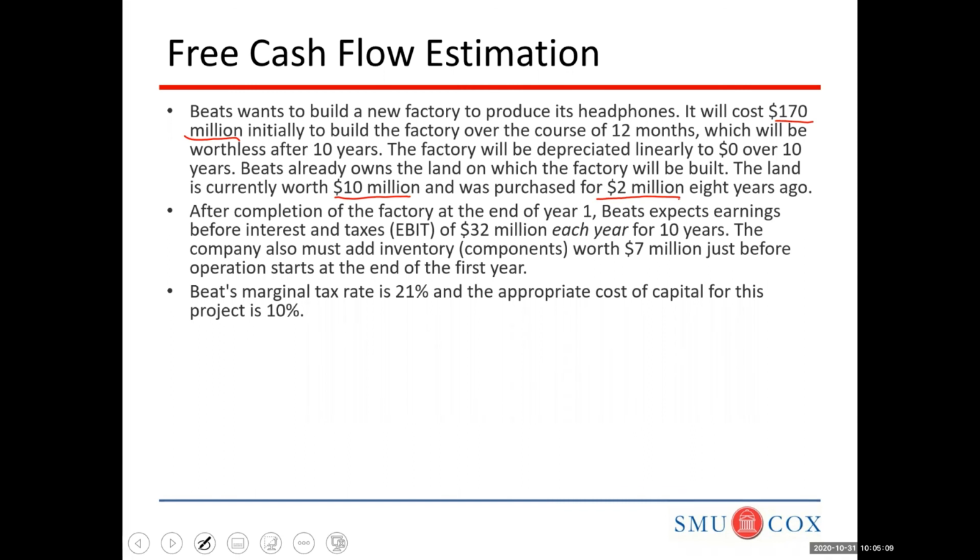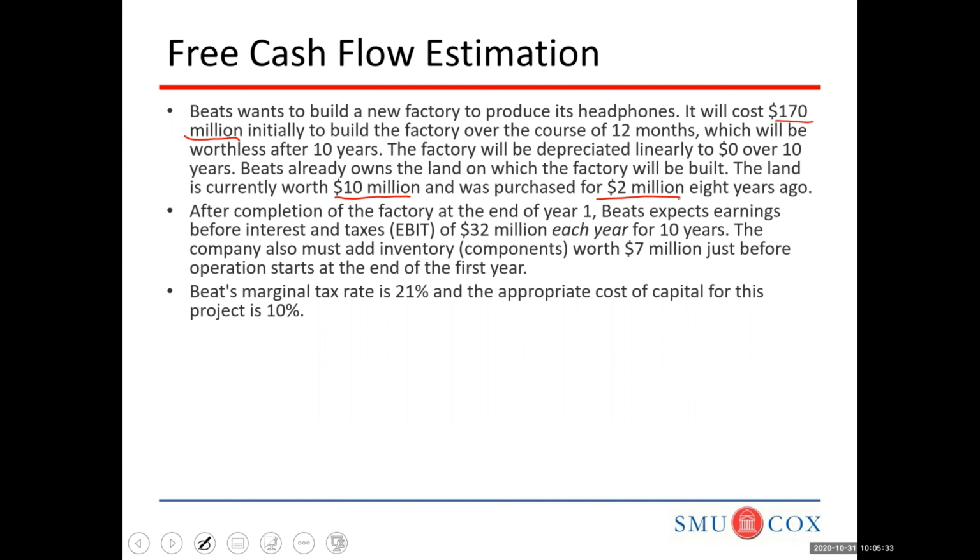I think I've heard you don't, but what was the discussion around that? You don't because it's a sunk cost. Yeah, but you could also sell the land. They're telling us it's currently worth 10 million. You can't just take it for free, because you could have sold it and put 10 million in the bank.